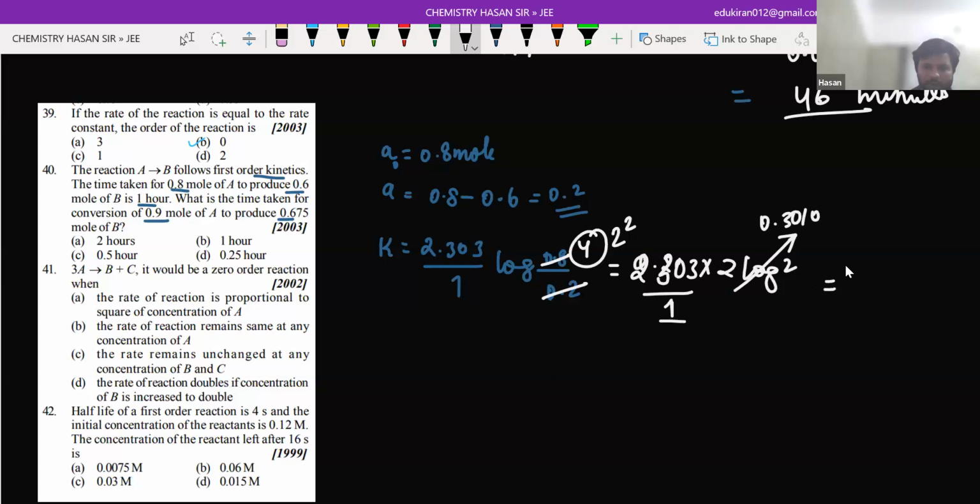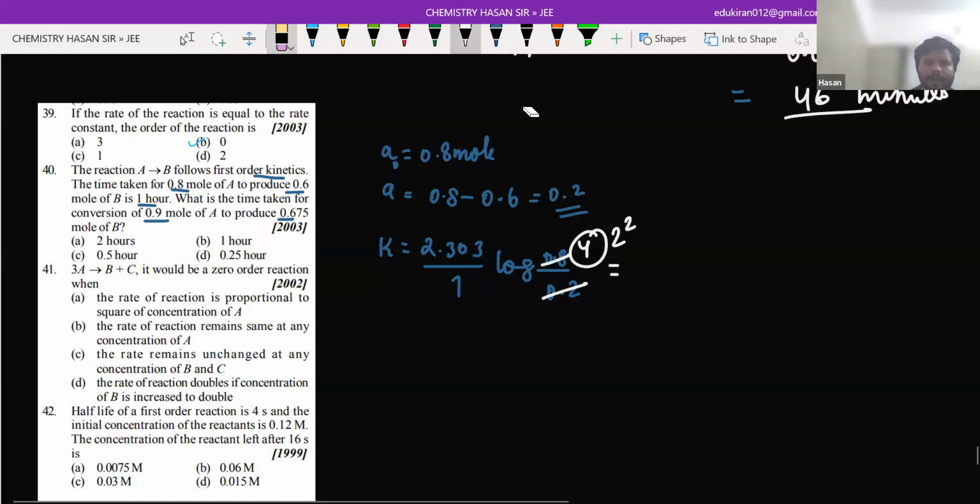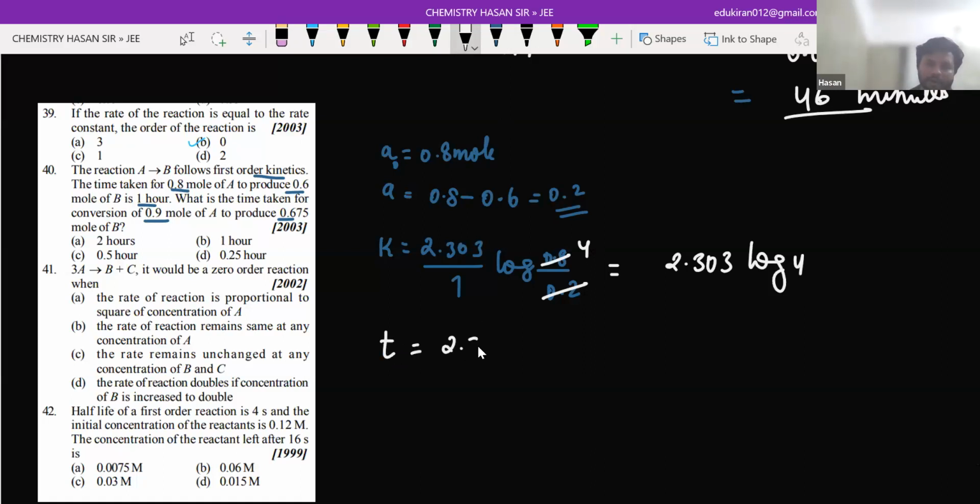To calculate faster, I can write the value of K as 2.303 log 4. I didn't expand it because we need the time, which is 2.303 upon K. K is 2.303 log 4.